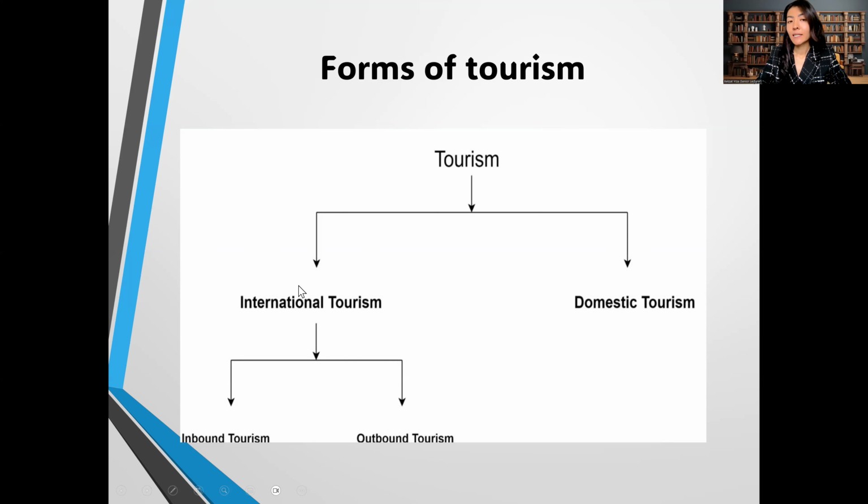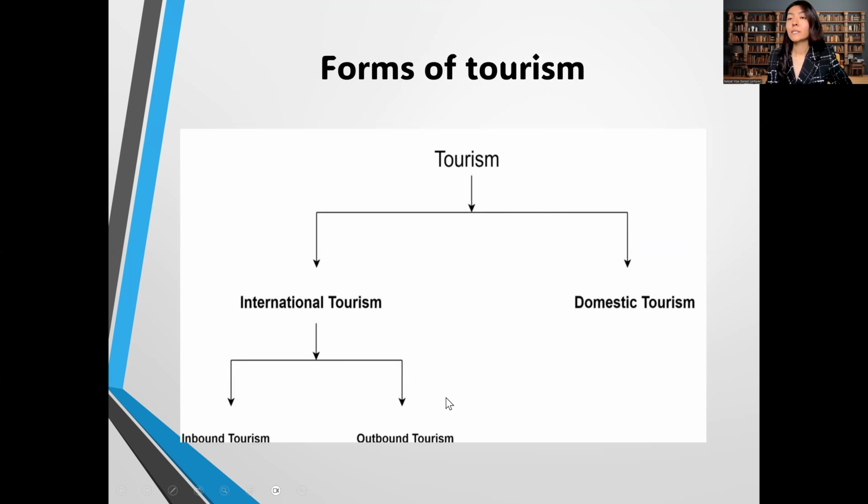Here we can see that international tourism can be divided into two: inbound tourism and outbound tourism. Outbound tourism is from outside, inbound is from inside. For example, China as a destination is very popular, and Chinese people traveling in China can be inbound tourism.